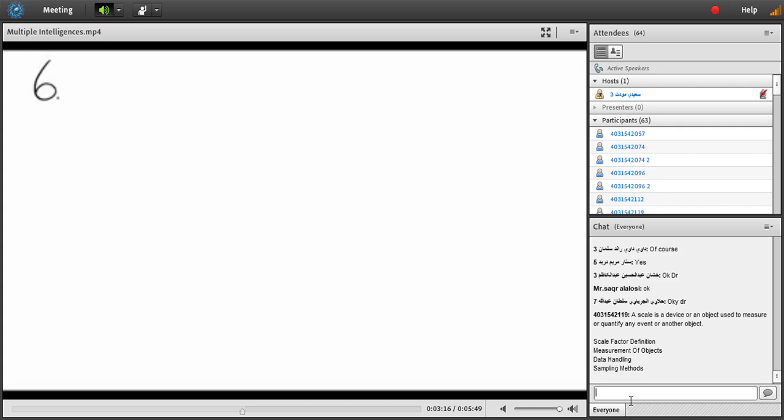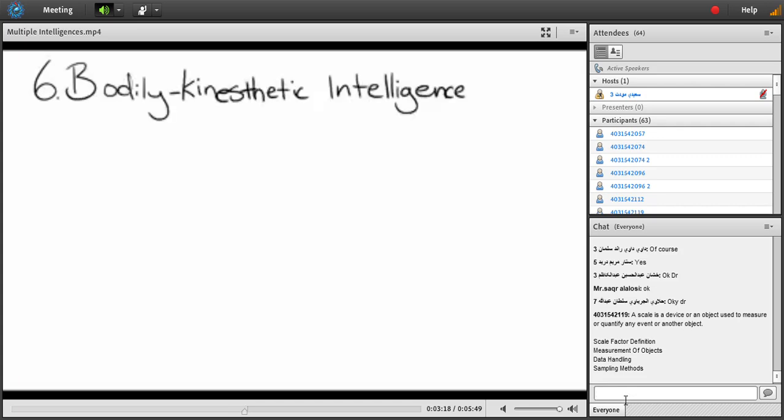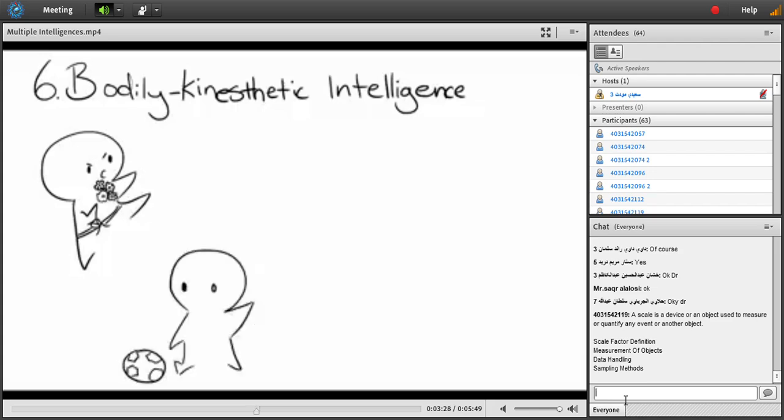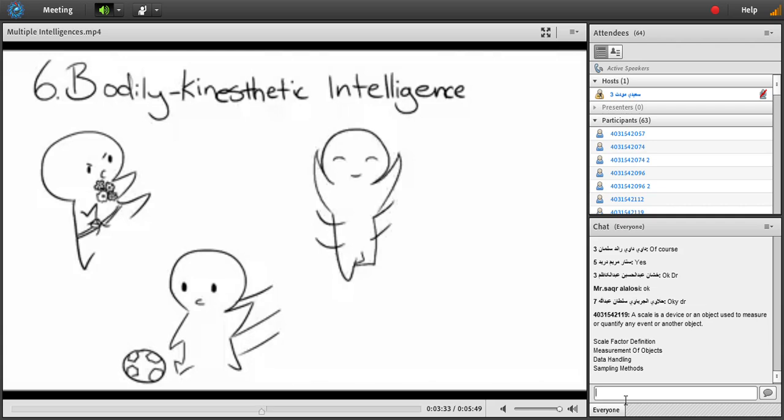Number 6. Bodily kinesthetic intelligence. People with this type of intelligence love movement. They have high body awareness and good motor skills. Because of that, they often excel in activities that involve body movement, such as sports and dance. They learn best by doing and are keen to figuring things out through experimentation.